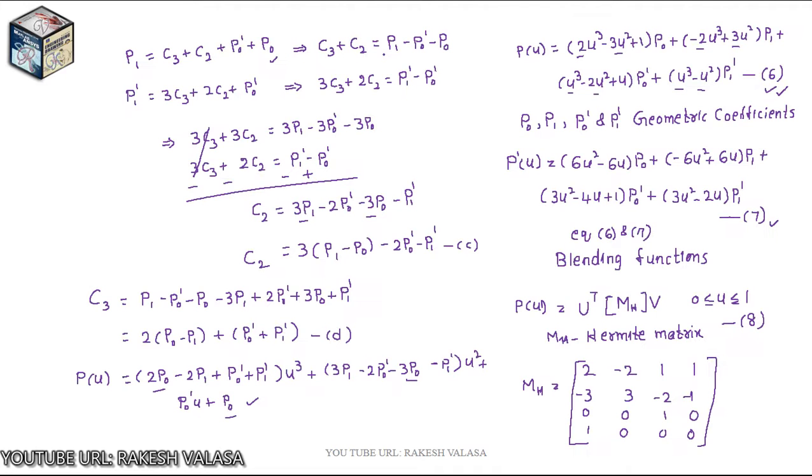Similarly, write the tangent vector, that is geometry vector or boundary condition vector V equal to P naught P1 P naught dash P1 dash transpose. This is the equation number 10. The previous MH is the equation number 9.